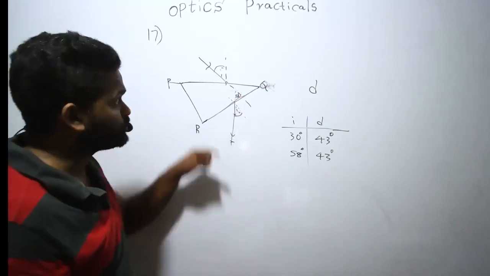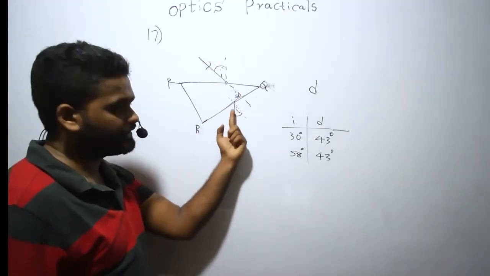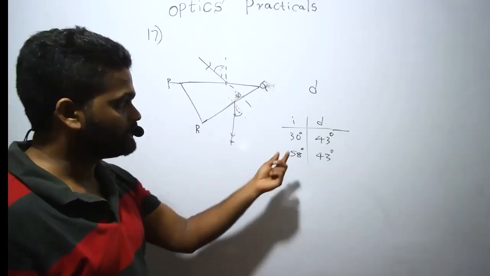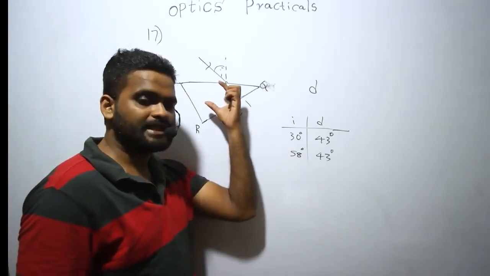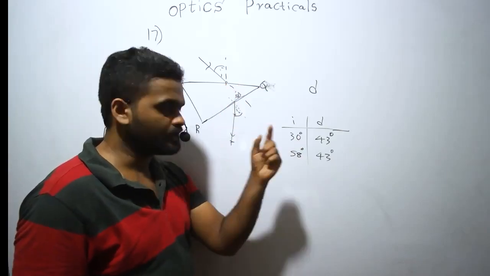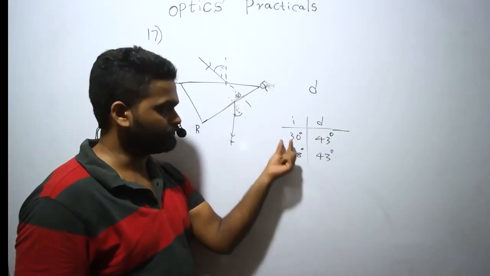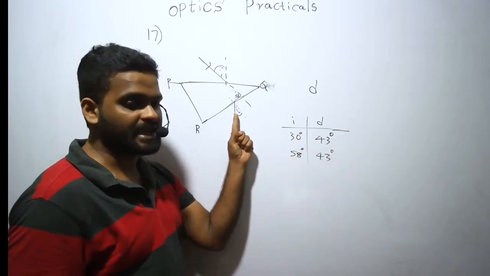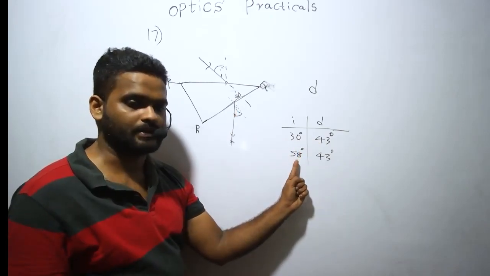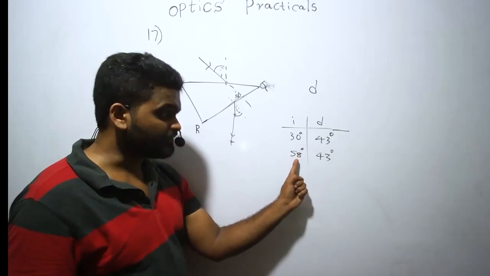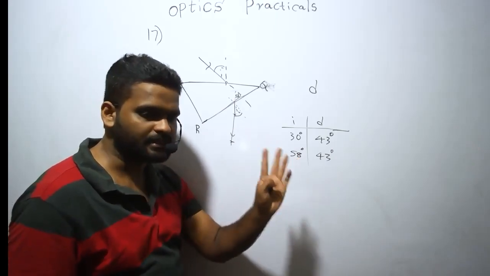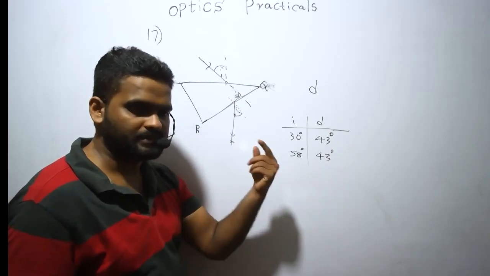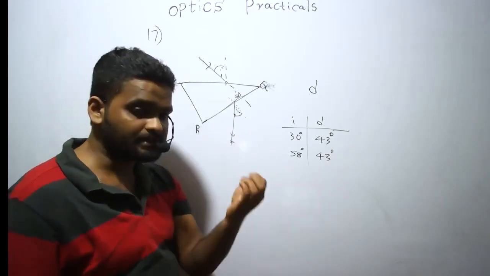So for I1 and I2, we have the same angle of deviation. By doing this experiment one time, you can take two coordinates. For 30, if it is 43, and you measure this angle as 58, for 58 as well, without measuring, you can directly put 43. That is what we call reversibility of light.